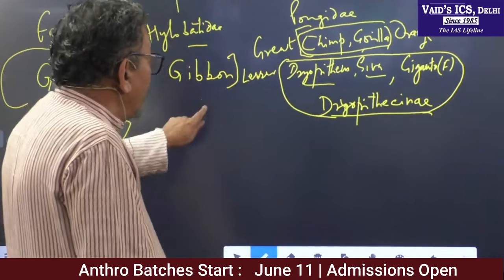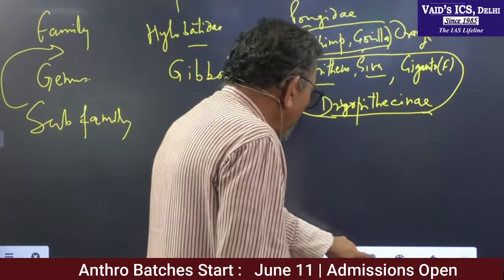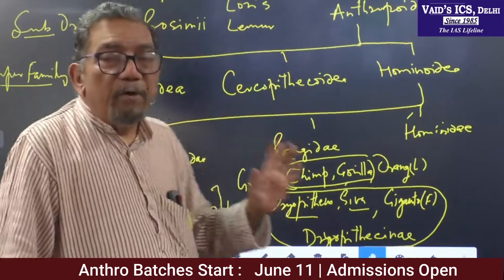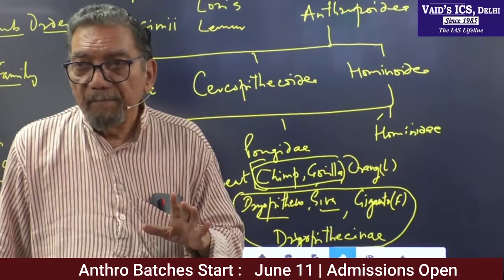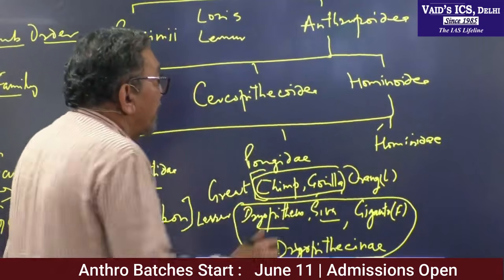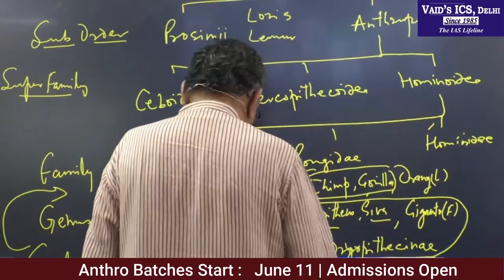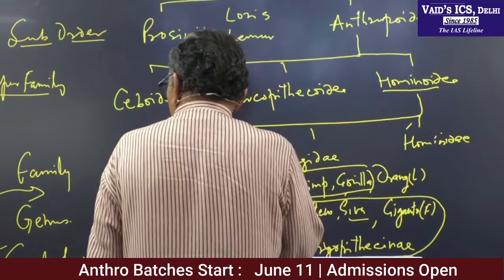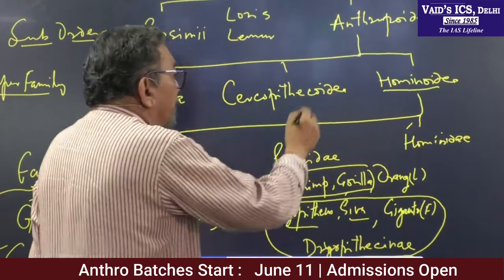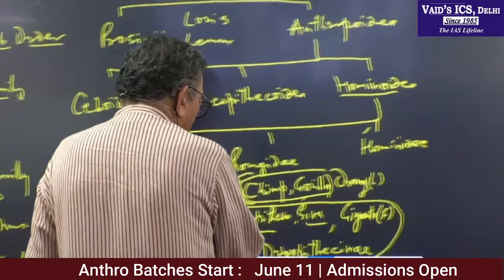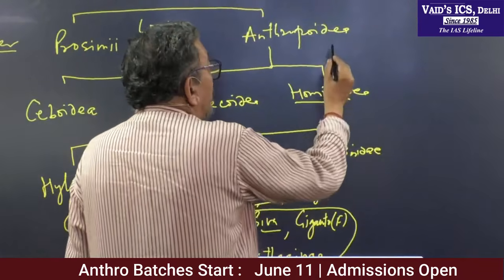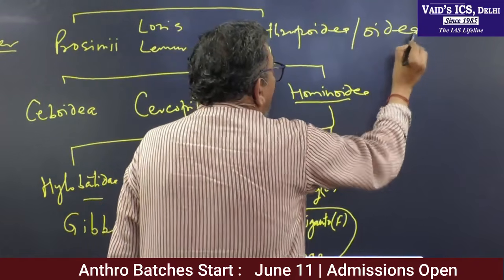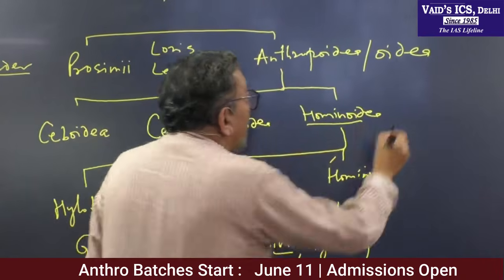But before that, I forgot to tell you one thing. Members of Anthropoidea are called anthropoids. Members of Hominoidea are called hominoids. Superfamily name ends with idea and members are called oids.